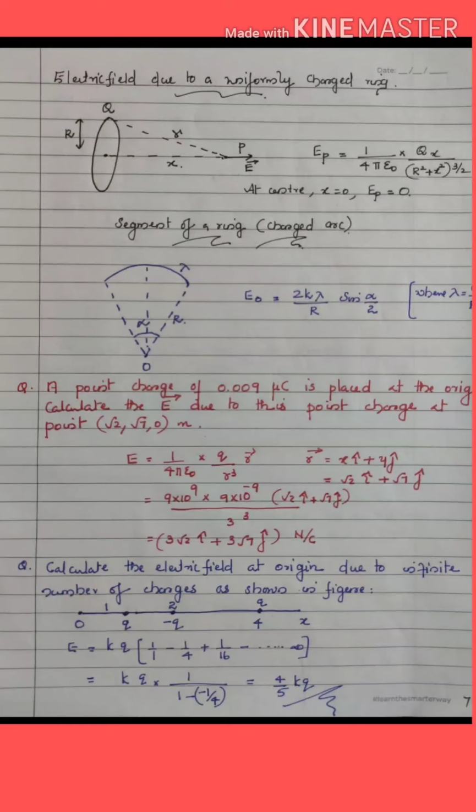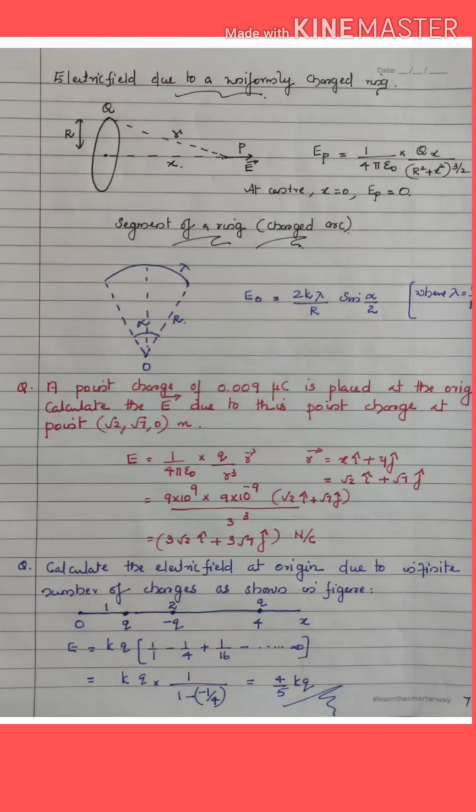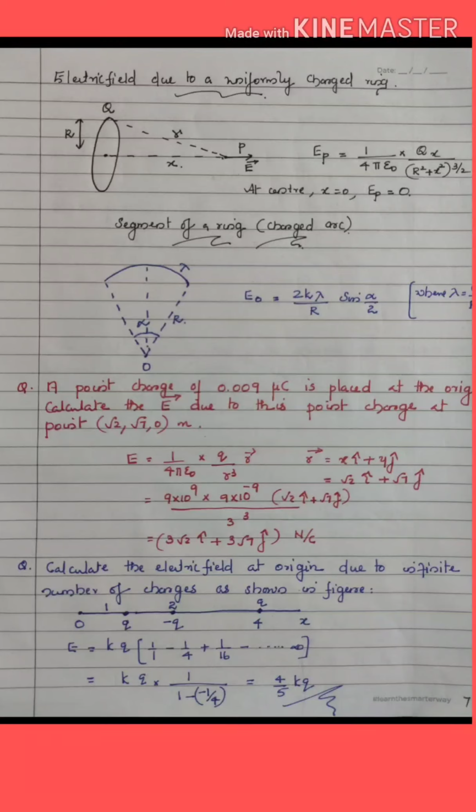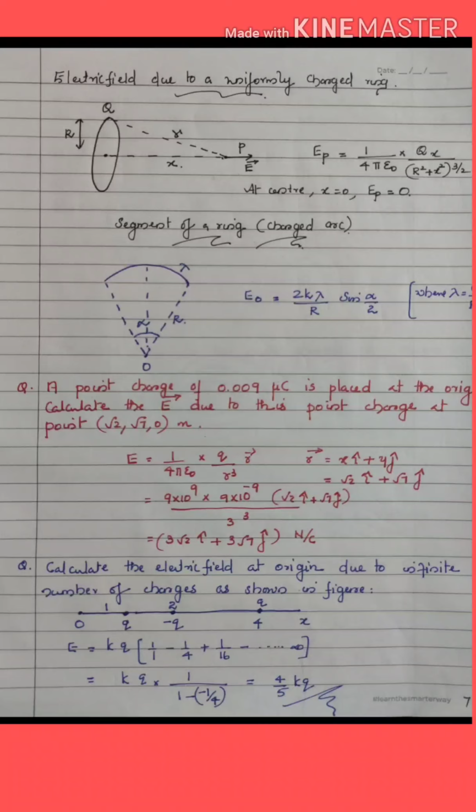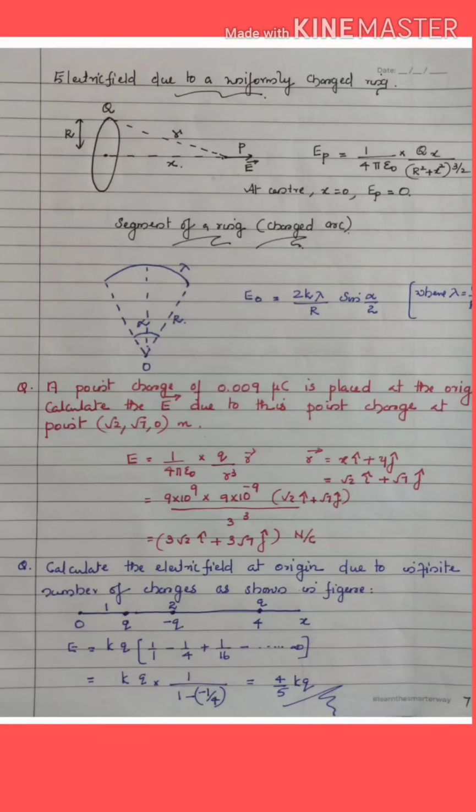We can move on to some problematic situations. A point charge of 0.009 microcoulomb is placed at the origin. Then calculate the electric field due to this point charge at the point (root 2, root 7). Here the position vector takes the value root 2 i plus root 7 j.